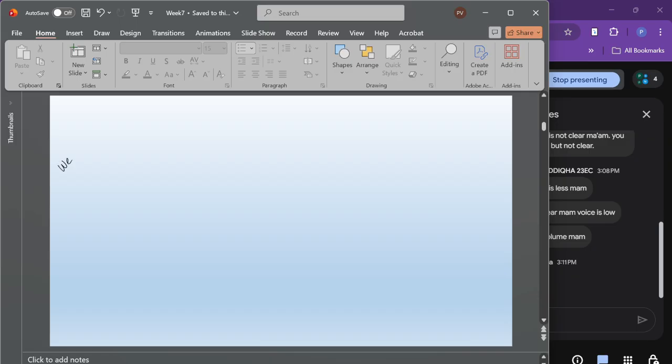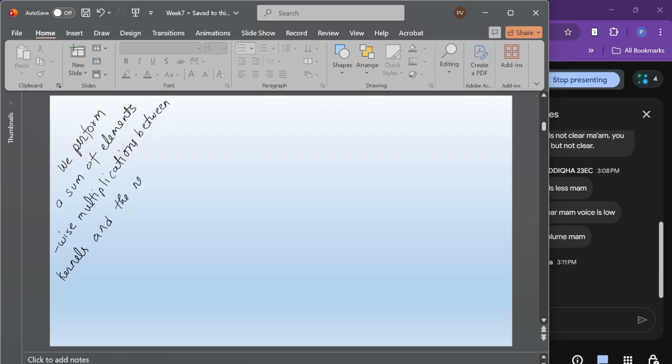Now I'm writing here: perform a sum of element-wise multiplications between kernels and the neighborhood matrix.